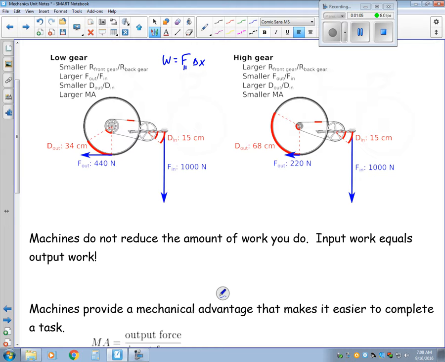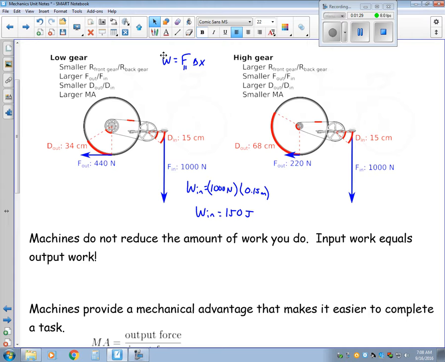So looking at this then, the input work would be 1,000 newtons times 0.15 meters. We need to convert centimeters into meters. And that gives me an input work of 150 joules. Over here we can calculate the output work.